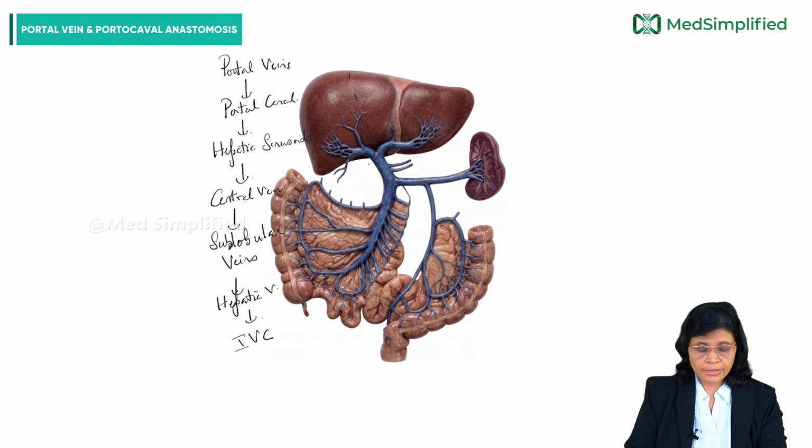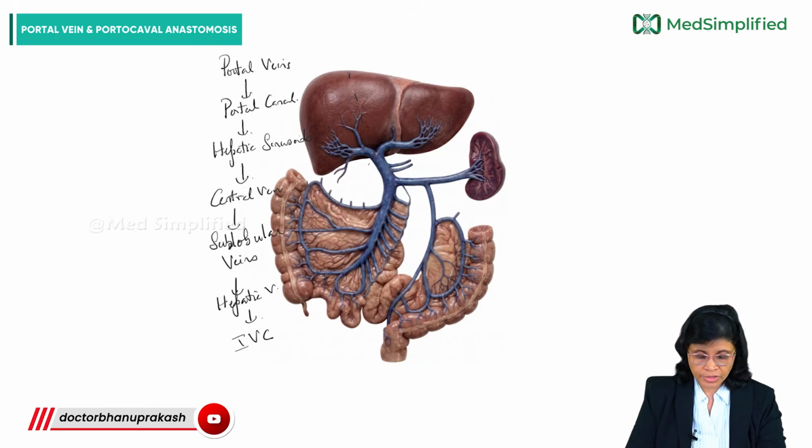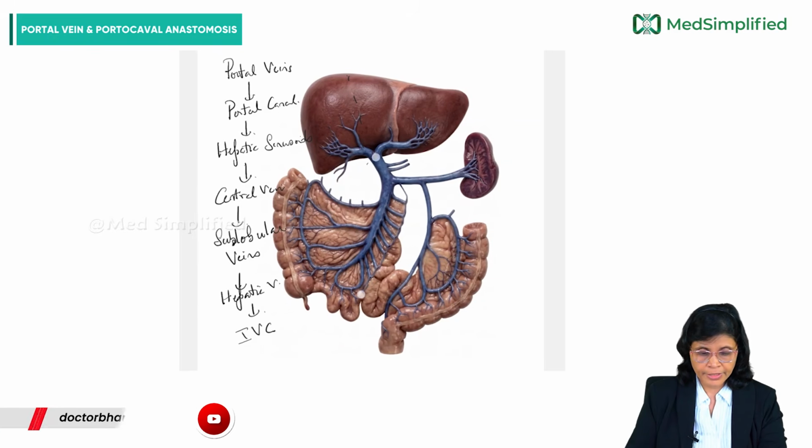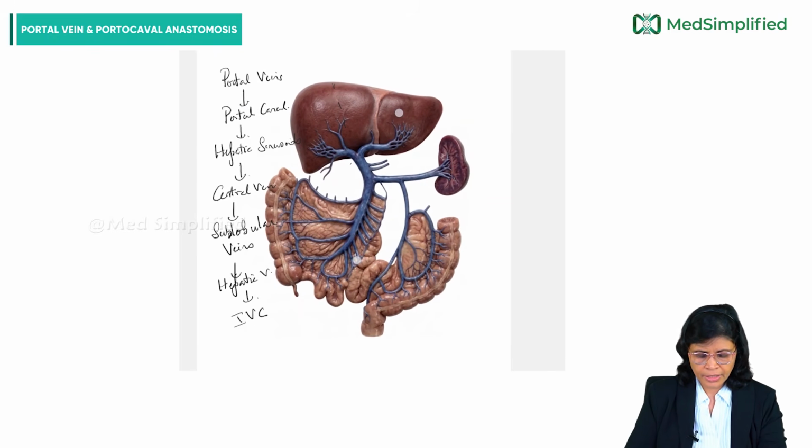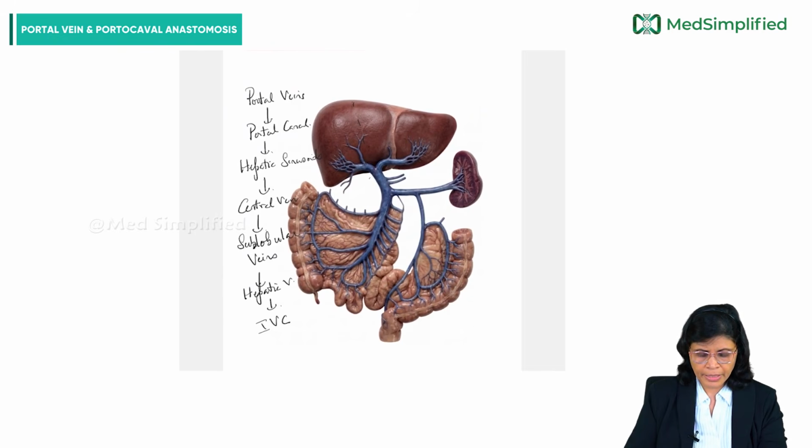So portal veins drain into the portal canal, to hepatic sinusoids, to central veins, then sublobular veins, then to the hepatic vein and inferior vena cava. So that is in short about the intrahepatic course and hepatoportal system.